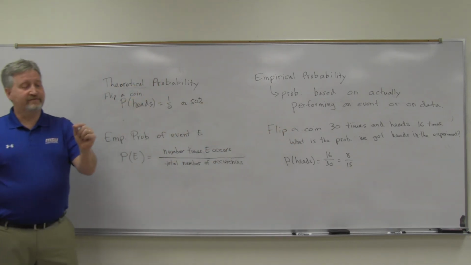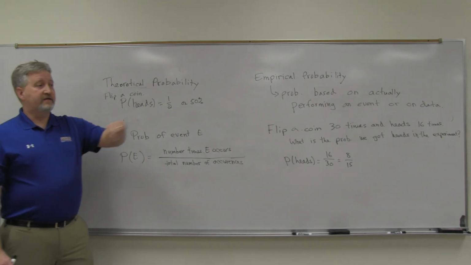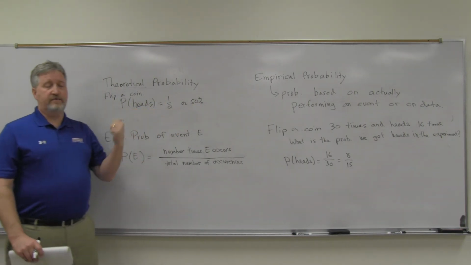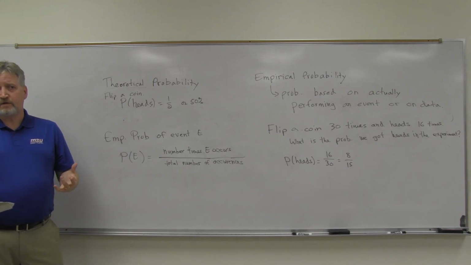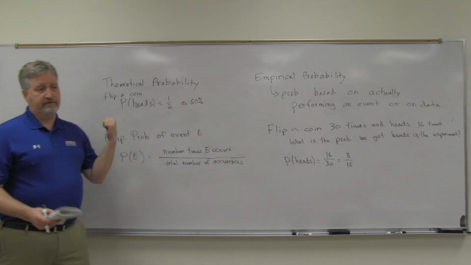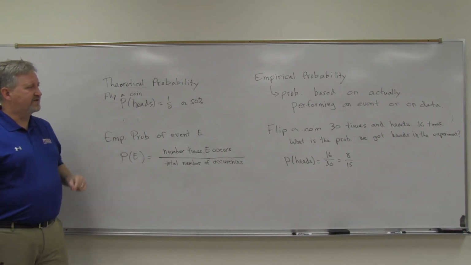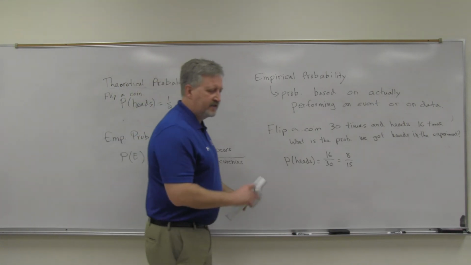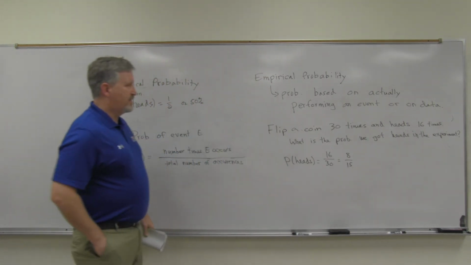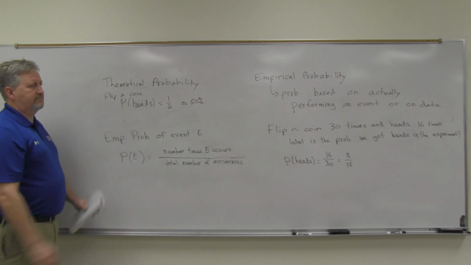So instead of doing the flipping 10 times, if I do it 100 times, the empirical would more match the theoretical. So the more times you do something, the closer the empirical would be to the theoretical. So, like I said, just a small little point, but just be aware. Any questions or concerns about that? So it's basically the same. You just base it off data.